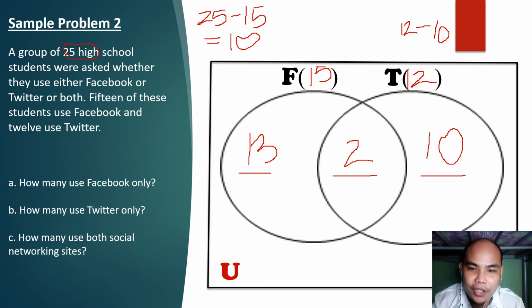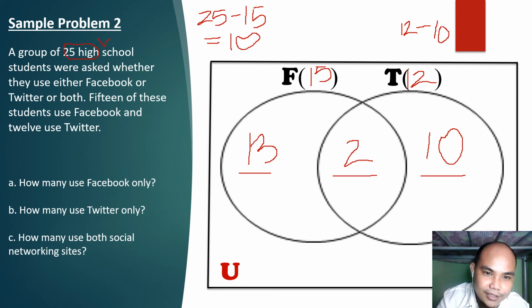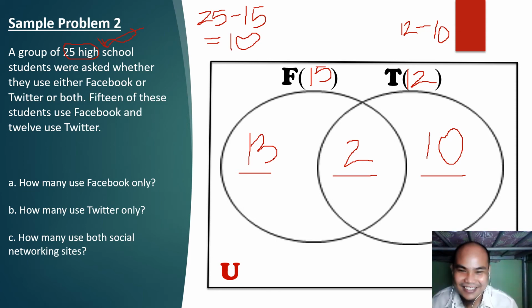If we add all this data here, it should be equal to our universal set, given that we don't have a complement outside the circles. So 13 plus 2 is 15, plus 10 is 25. It's correct. That's it.